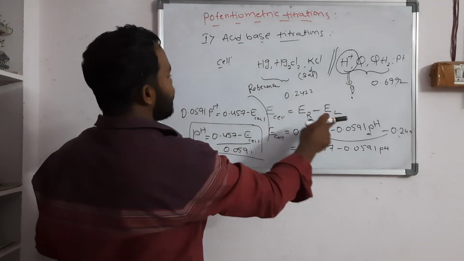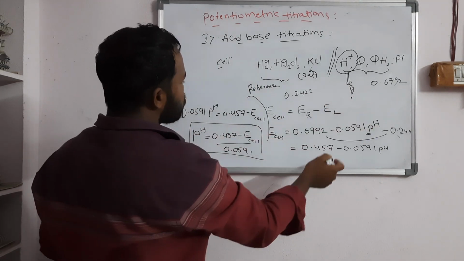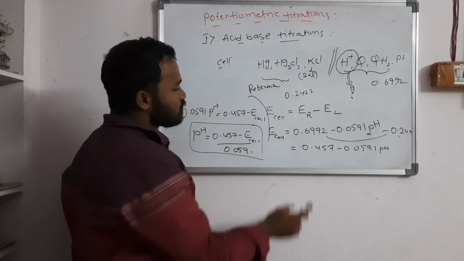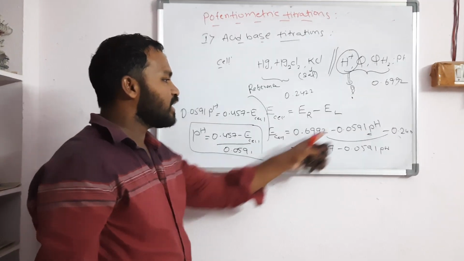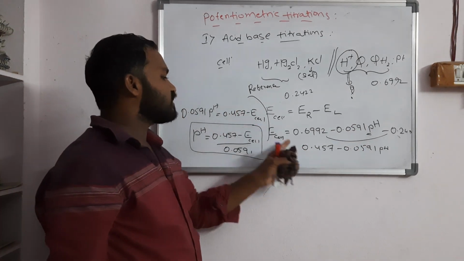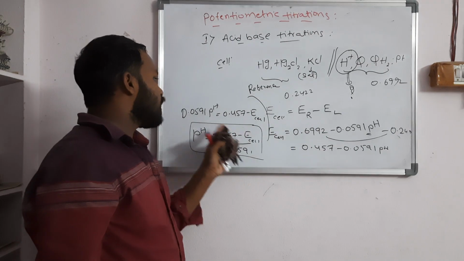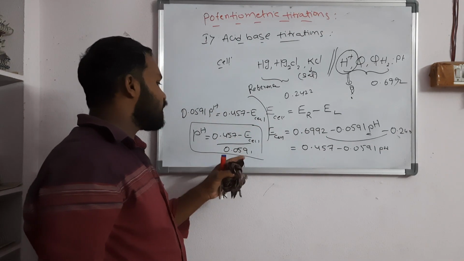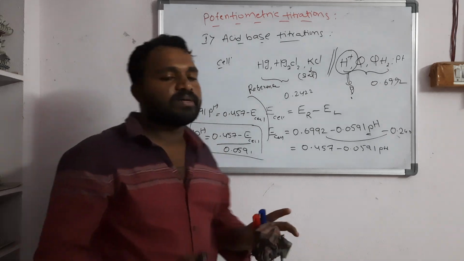Very simple: E right minus E left, 0.6992 minus 0.0591 pH minus 0.2422, equals E cell, which gives 0.457 minus E cell over 0.0591. This is about acid-base titrations.